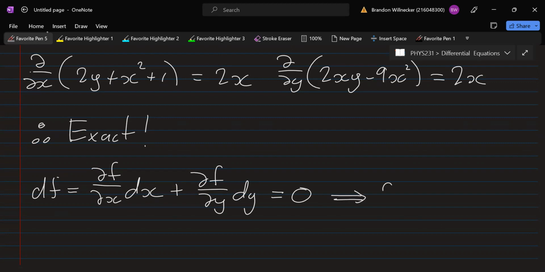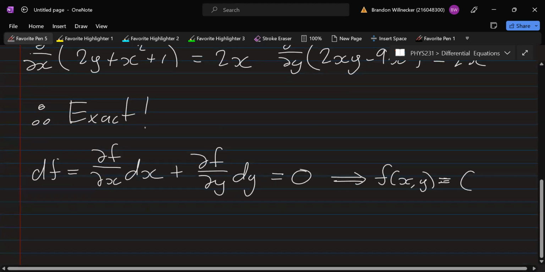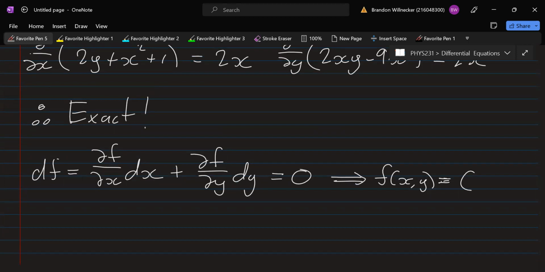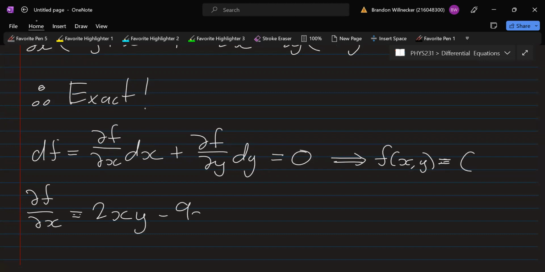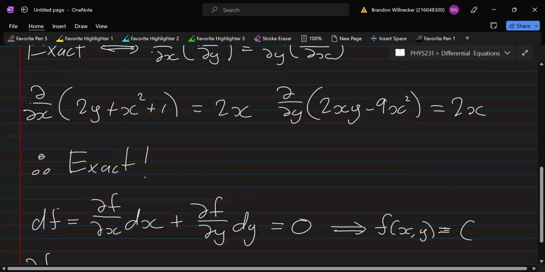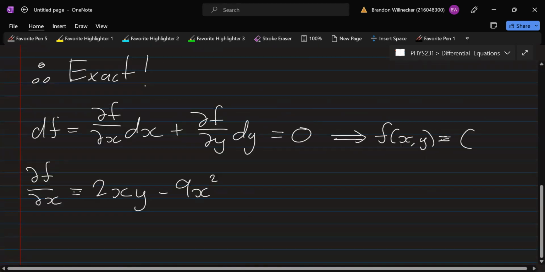We're going to be using that at the end. But we know that the term in front of dx is going to be df by dx. So we can write df by dx is equal to 2xy minus 9x squared, because that's the term in front of the dx.